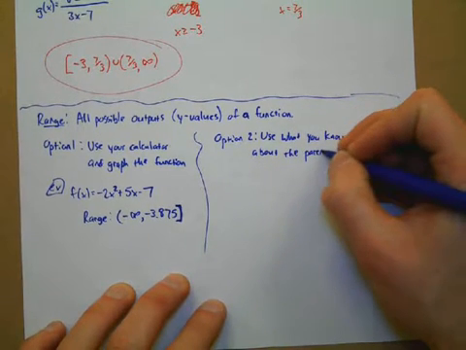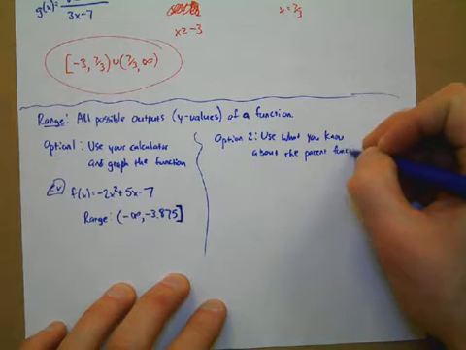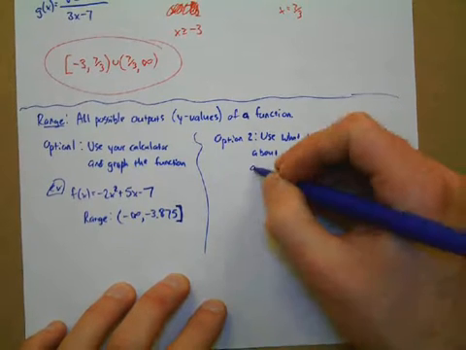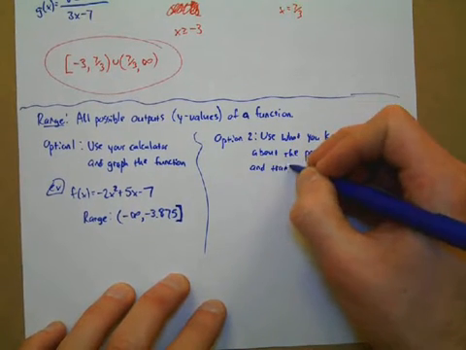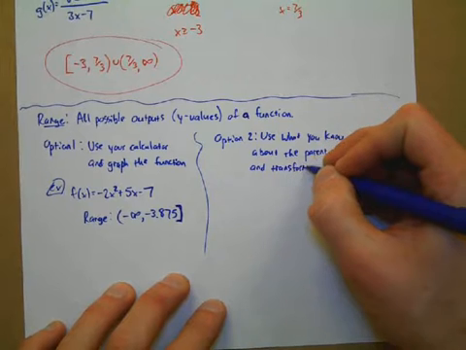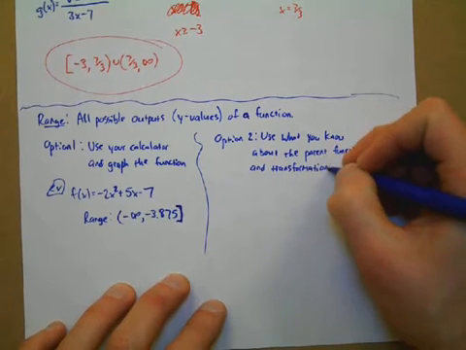And that's why we talk about these things like parent functions and transformations, because it expands our library, our familiarity with the different kinds of functions that we run across.